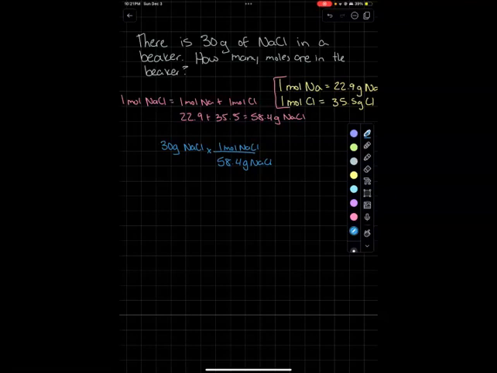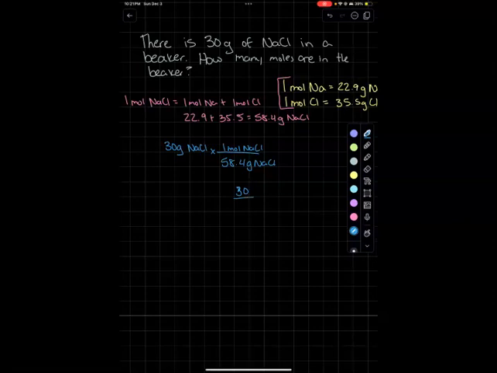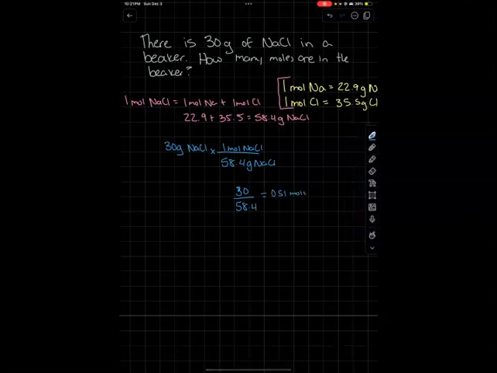If you're going to plug this into your calculator, it would be 30 divided by 58.4, and that is equal to 0.51 moles sodium chloride. And we can go back and check if we did our dimensional analysis right by looking at what cancels out. I have 30 grams in the numerator, 30 grams in the denominator, so that is the same as 1, and I'm left with moles sodium chloride.